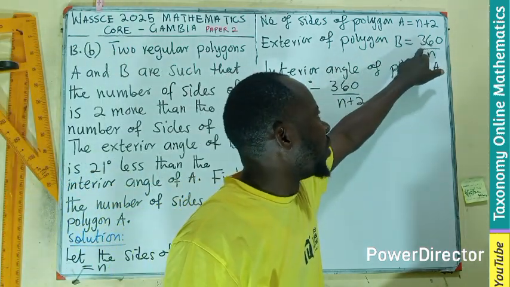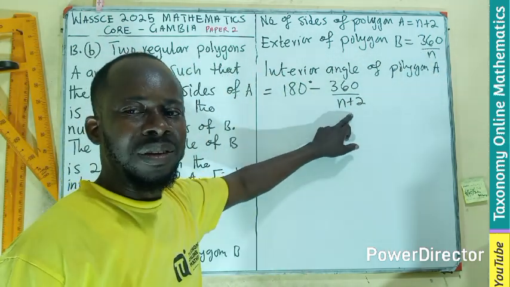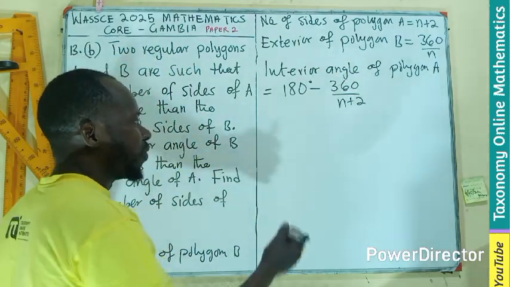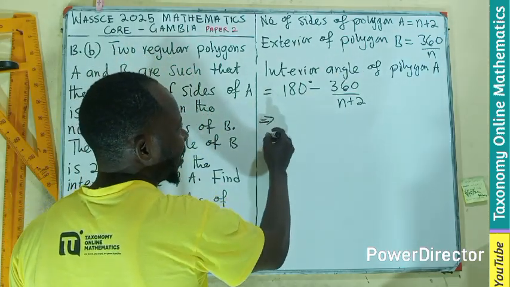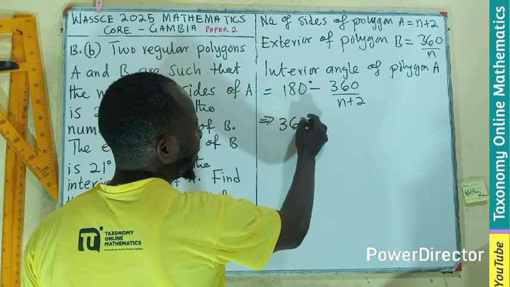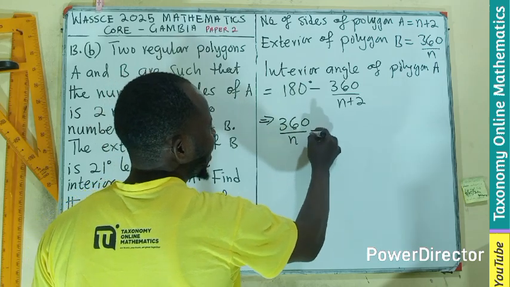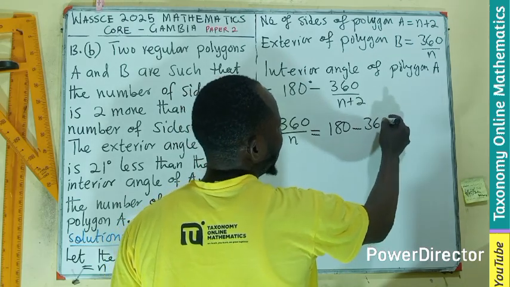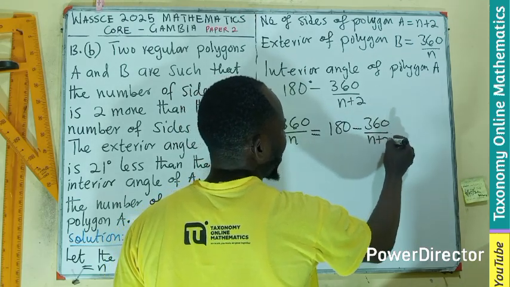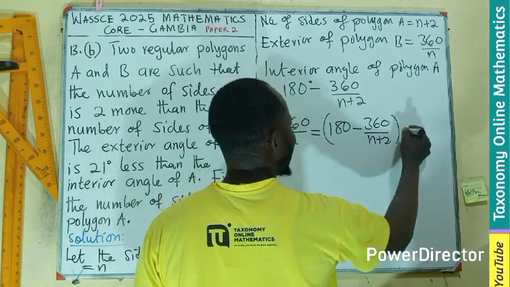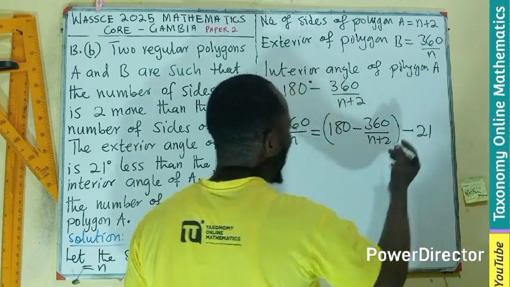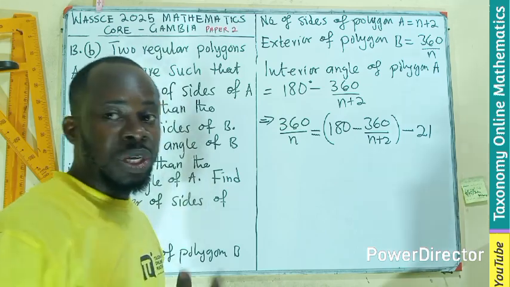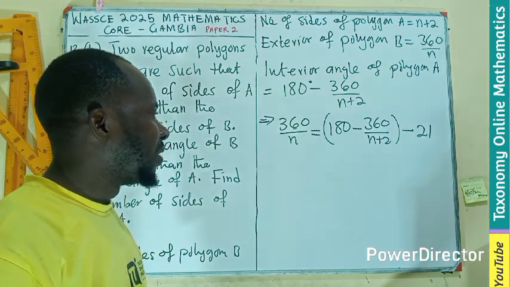Meaning if I add 21 to this, I should get the whole of this, or if I subtract 21 from here, I should get that of B. So this implies that 360 divided by n is equal to 180 minus 360 divided by n plus 2, all less by 21. That's the equation we can derive from this question.